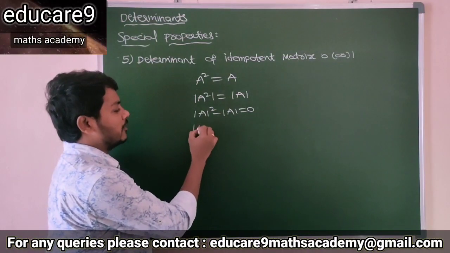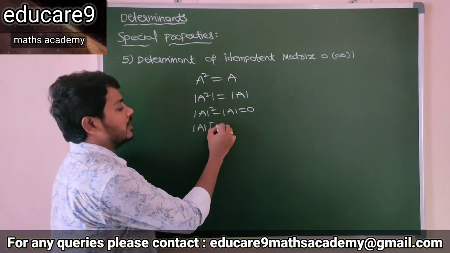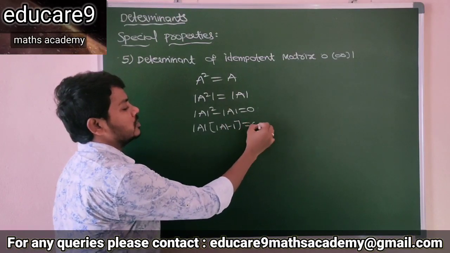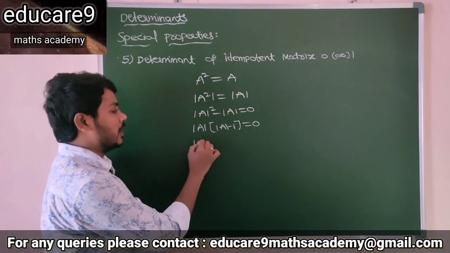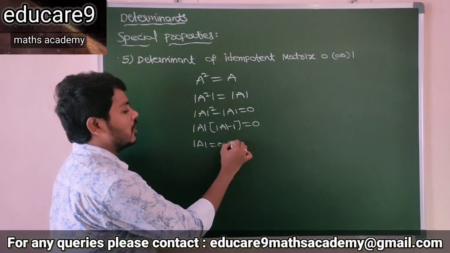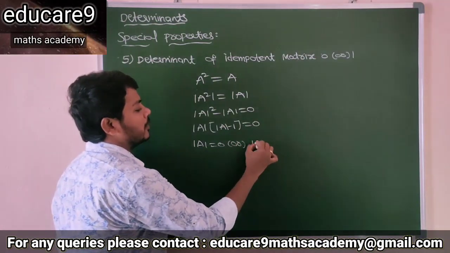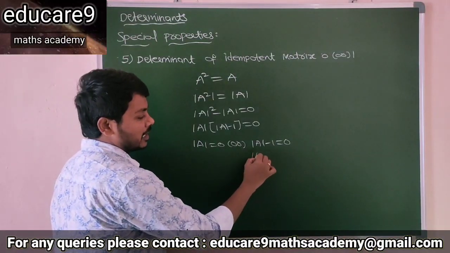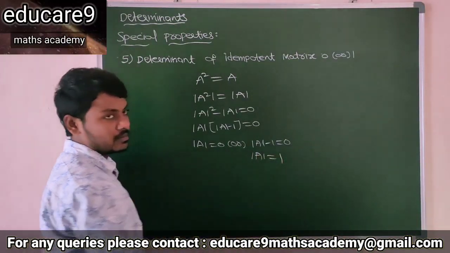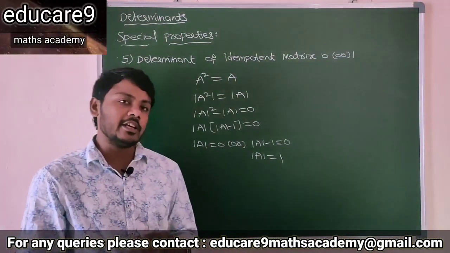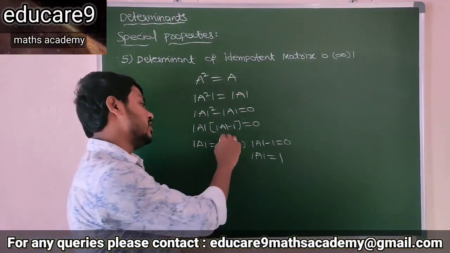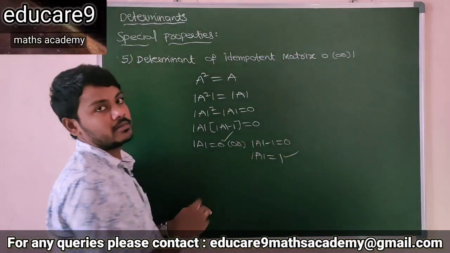Here determinant of A is common. You will get determinant of A into determinant of A minus 1 is equal to 0. So clearly determinant of A is equal to 0 or determinant of A minus 1 is equal to 0. Therefore determinant of A is equal to 1. So from this we can say that the determinant of an idempotent matrix is either 0 or 1.